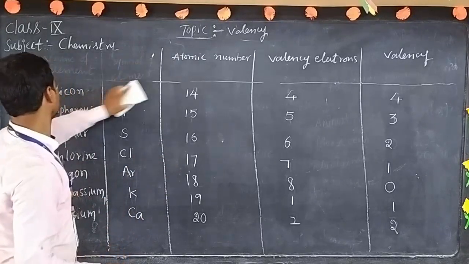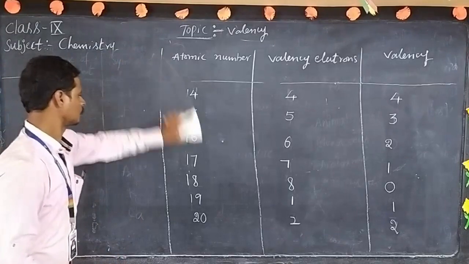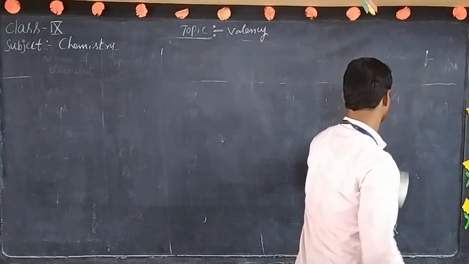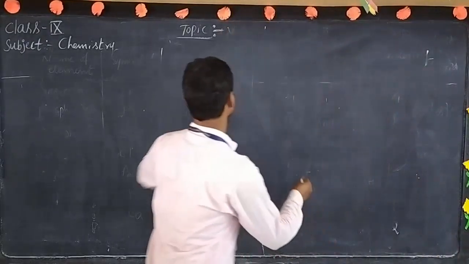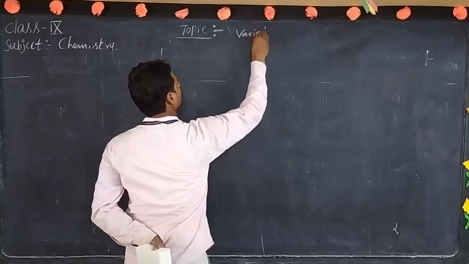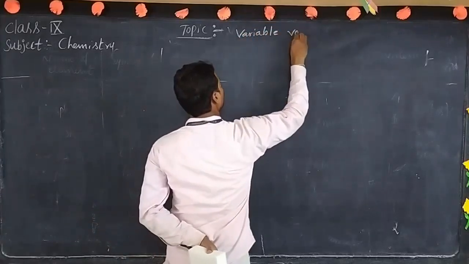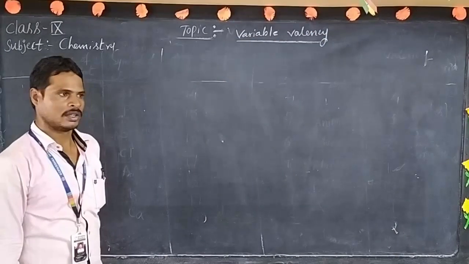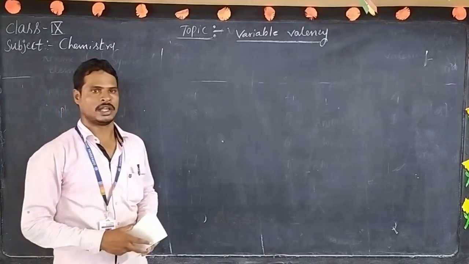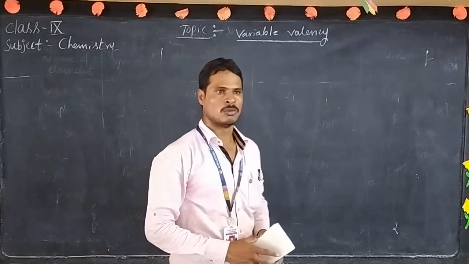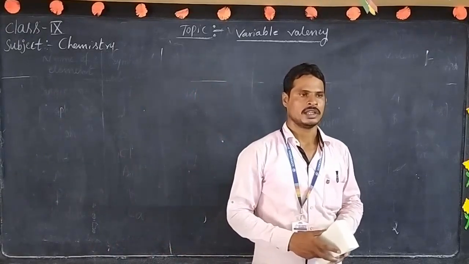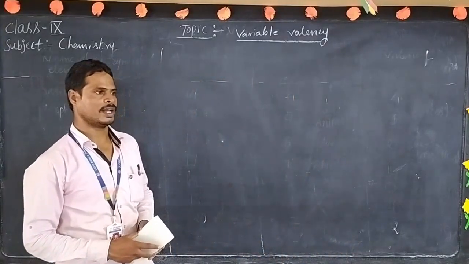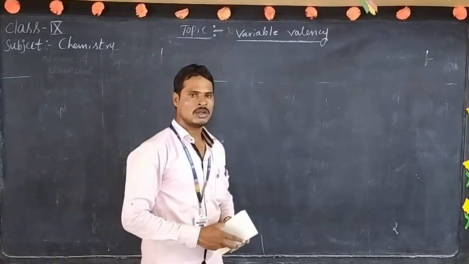Next, variable valency. What is the meaning of variable valency? An element that exists with more than one valency is called variable valency.